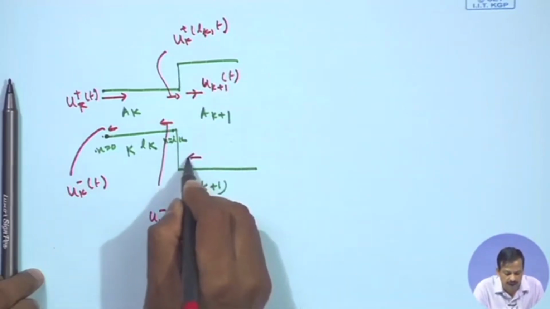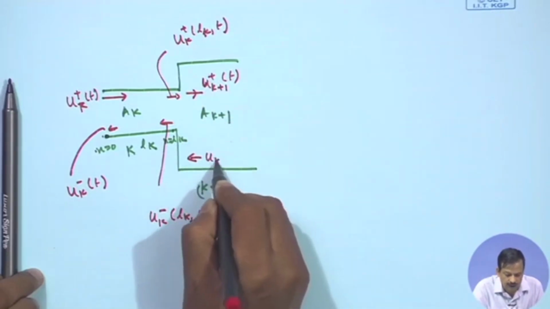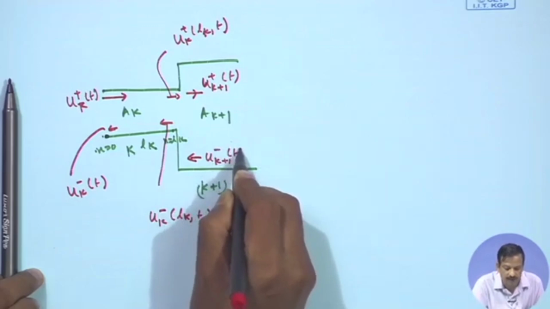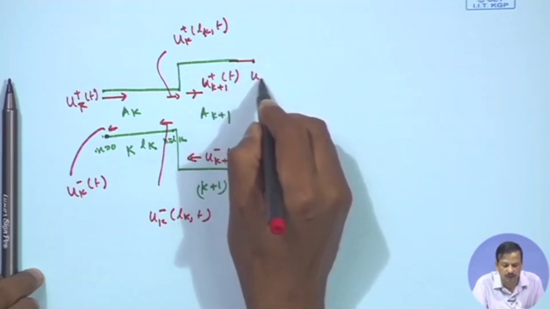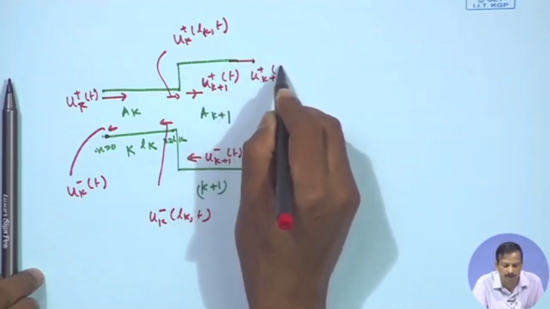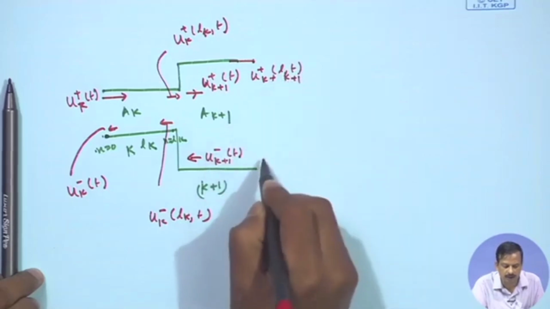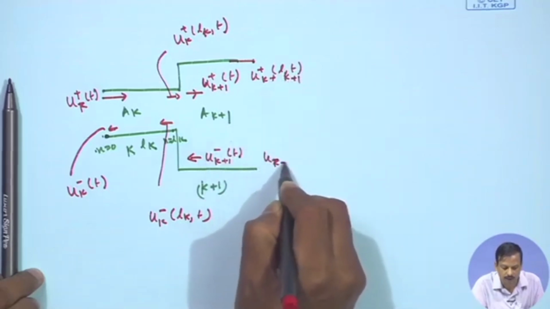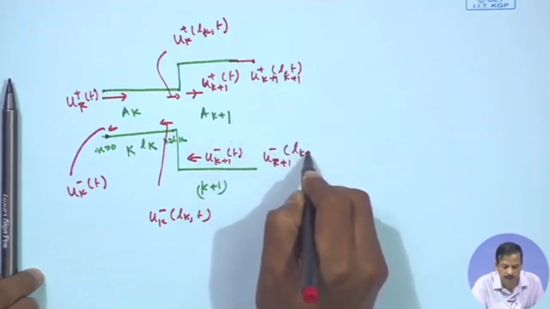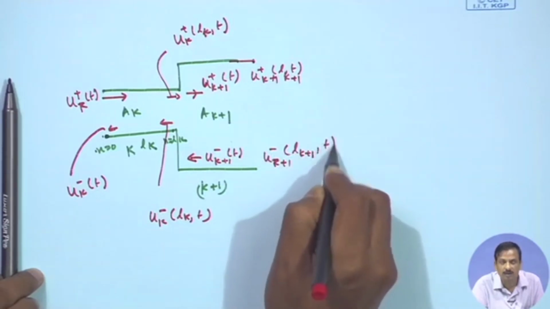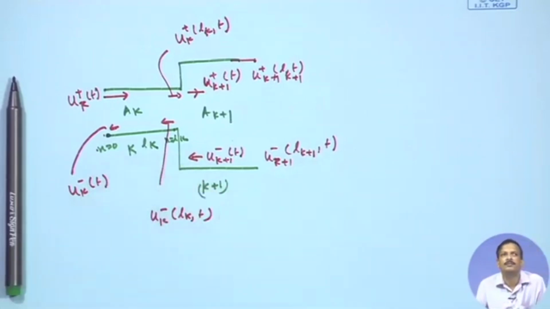Backward wave in here is nothing but u_{k+1} minus (t). If it is the end of the tube in here, then it will be u_{k+1} plus (t + L_{k+1}/c), and here will be u_{k+1} minus (t + L_{k+1}/c). Length of the tube is L_{k+1}, here it is L_k.